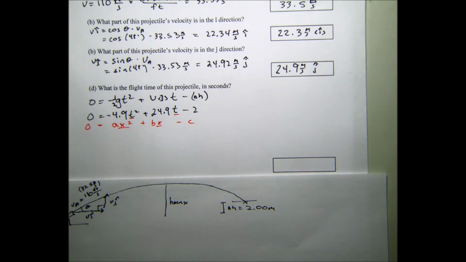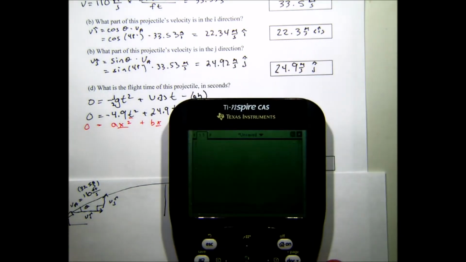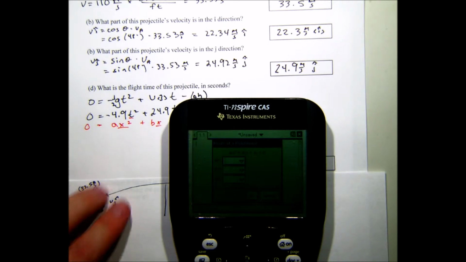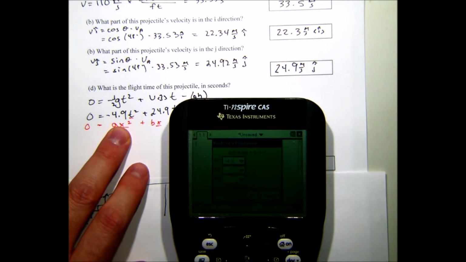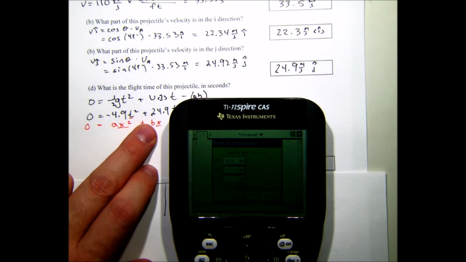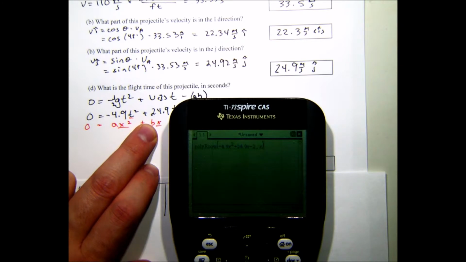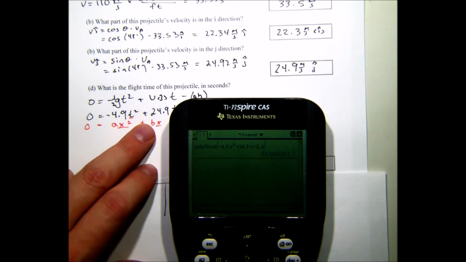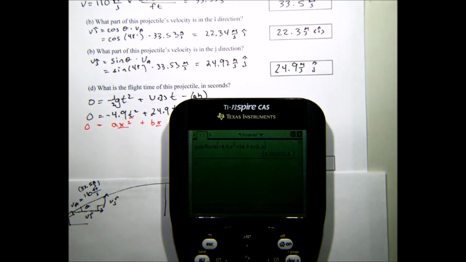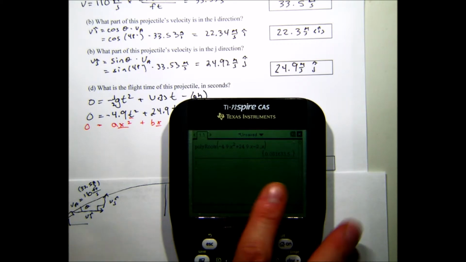So you can use the quadratic formula, or we could actually just use a quadratic solver. So my first term is negative 4.9. My next term is 24.9. And my third term is negative 2. So I can solve it, and I get 2 roots.